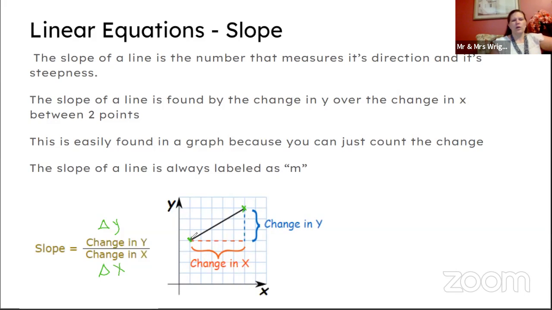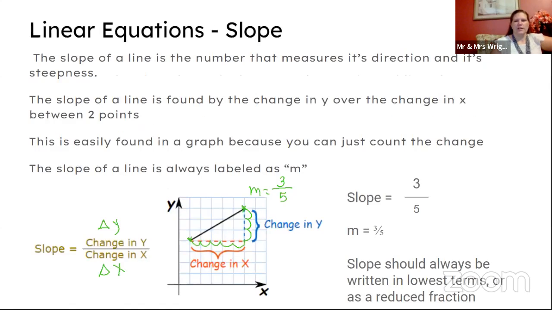So the change in y from this point to that point, let's count 1, 2, 3. So it's going to be 3 change in y. Now the change in x from this point to this other point is 1, 2, 3, 4, 5. 5 on the bottom. So m is going to equal 3/5.